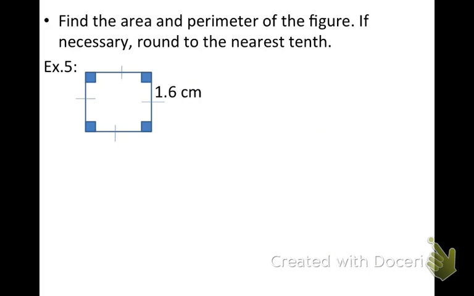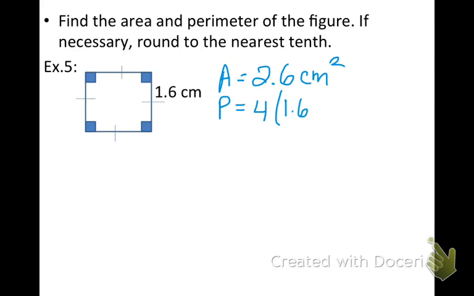So if we start out with the area of this figure, since the sides are congruent, we know that this side is also 1.6 centimeters, so the area is 1.6 times 1.6, which is equal to 2.6 centimeters squared, rounded to the nearest tenth, and the perimeter is all four side lengths are the same, so 4 times 1.6, which is equal to 6.4 centimeters.